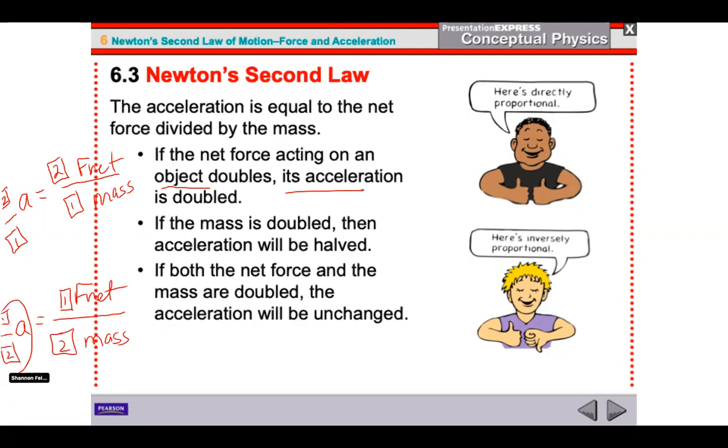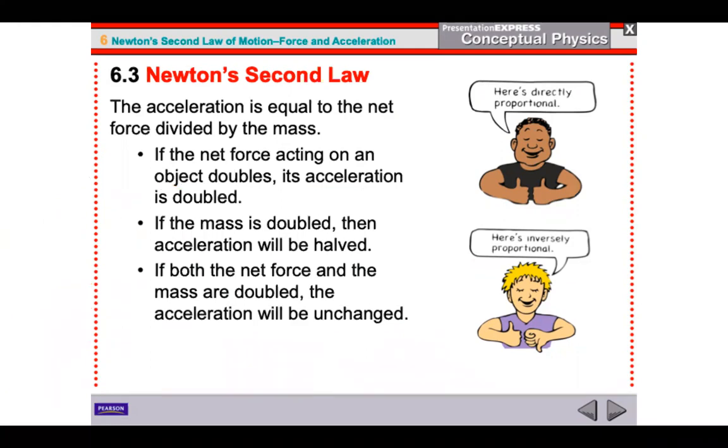That means we have one half of our original value of the acceleration. Now, of course, if you double both, then you have 2 times as much net force divided by 2 times as much mass, so the acceleration is doubled and halved, which means you have the original amount of acceleration of the object. These are just some examples of how you would do that proportional reasoning.